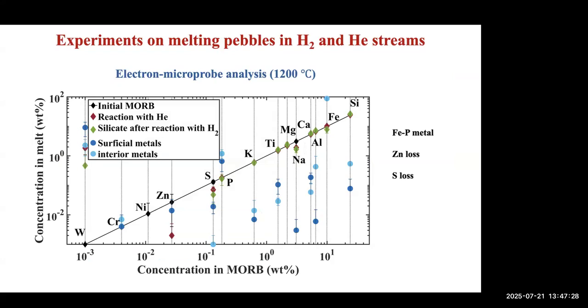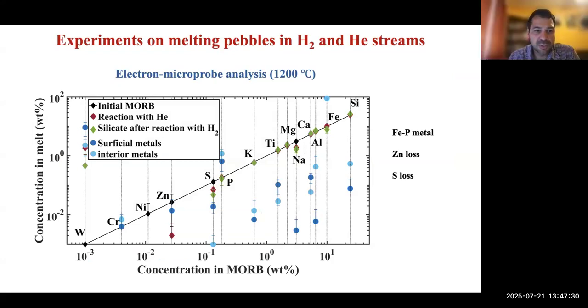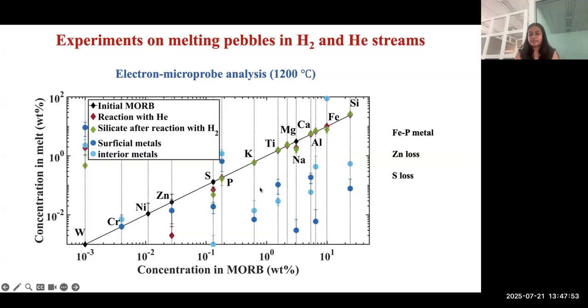So this is the one-to-one line, right? Yes. Between the abundance in the sample after it's heated and at room temperature, right? So if the heating does nothing, it stays there. Yes.